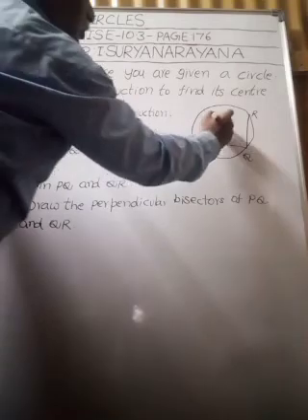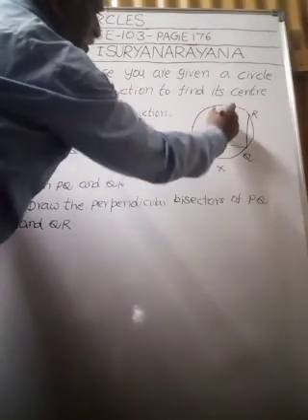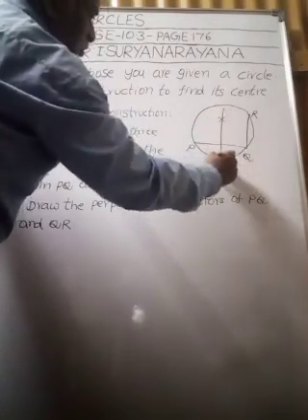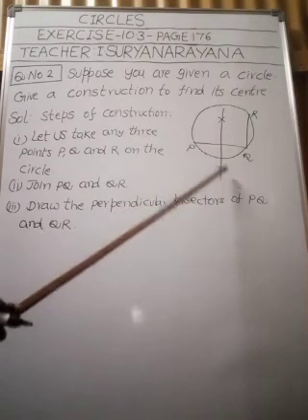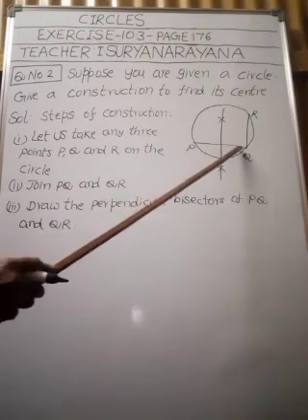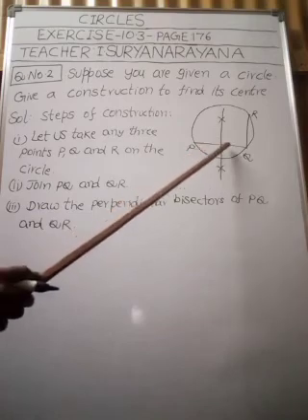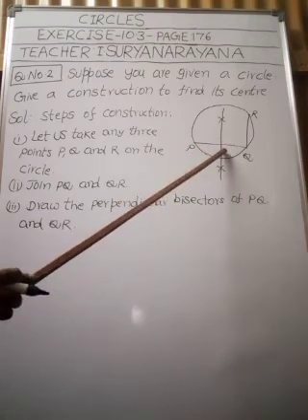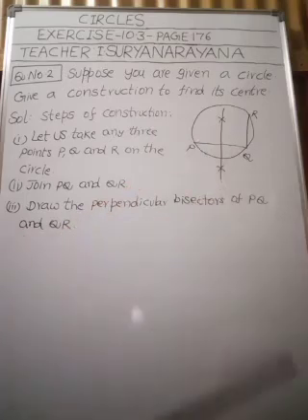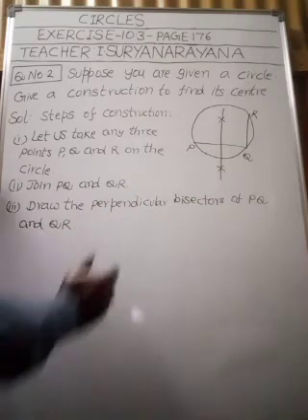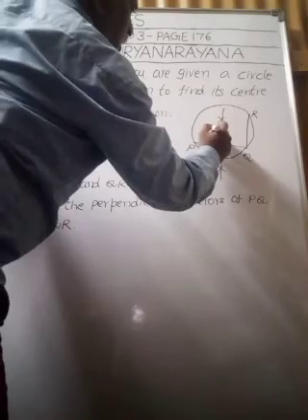Okay, my children, do you know how to draw a perpendicular bisector? By using compasses. Okay, my children, more than half radius. We have to take a radius more than half of this length. Do you remember that point, my children? So we have to construct it like this. Another perpendicular bisector.